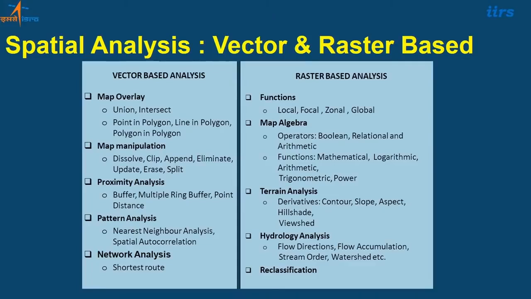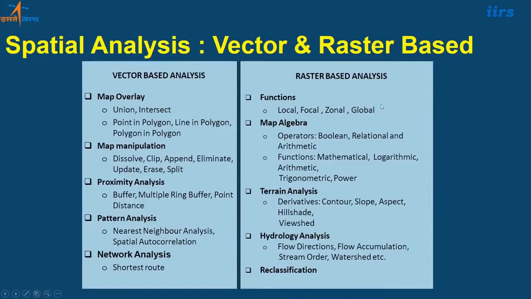So slowly we have to move our kernel from one portion of the image to the entire image. Focal, again, if I am dividing my image into different sections, comes under the focal and the zonal analysis.